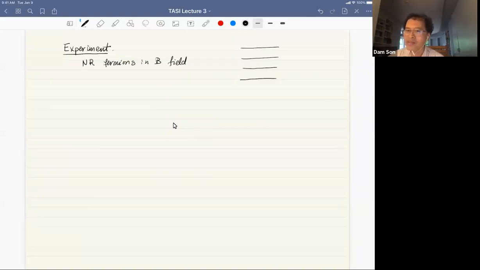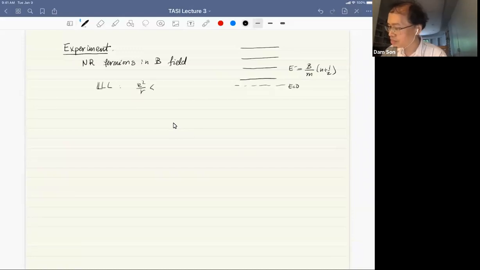It doesn't go to minus infinity, but starts at 0. The energies are E equal to B divided by M times (n plus a half). But they can also achieve the lowest Landau level limit. That's when the interaction energy is much less than the distance to the next Landau level. So everything again happens on a single Landau level.